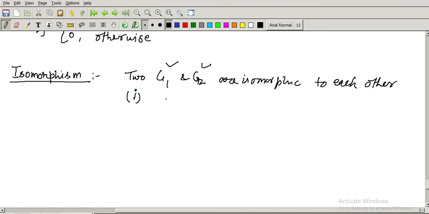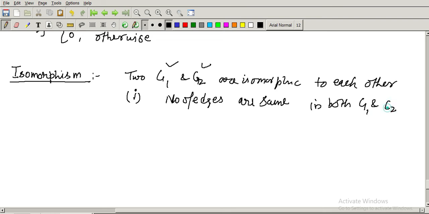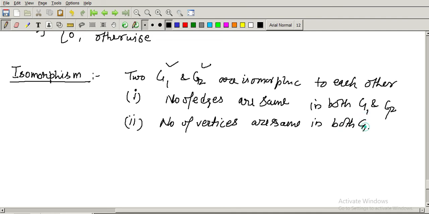First, the number of edges are the same in both graphs, G1 and G2. Second, the number of vertices are equal in both G1 and G2. Third, the degree of vertices are the same in both G1 and G2.